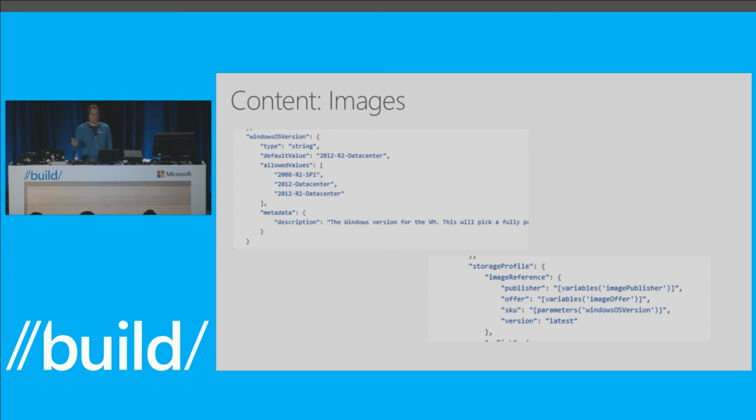I mean, sometimes you have to. If you have to use a particular version of SQL Server, then there's no choice. But where you are not dependent on a particular version of an image, go ahead and parameterize it, provide allowed values in your template, and then you can bind that choice that the user makes to the value.